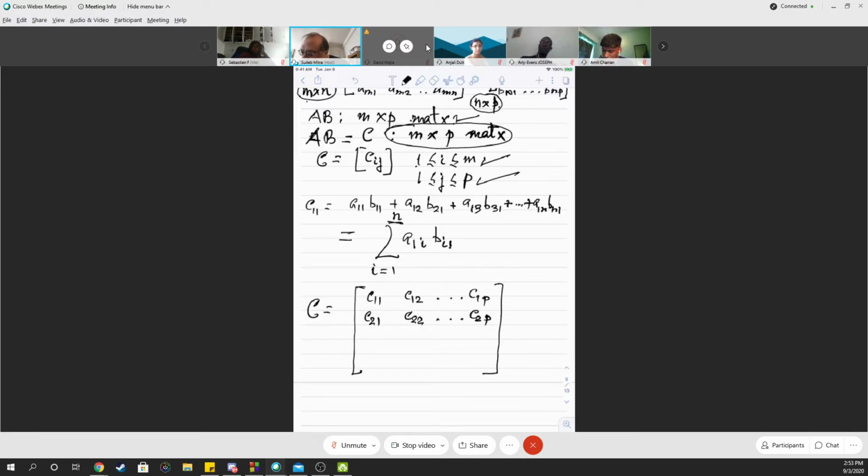And so it goes on like this, Ci1, Ci2, up to Cip, and there are m rows, so Cm1, Cm2, up to Cmp.